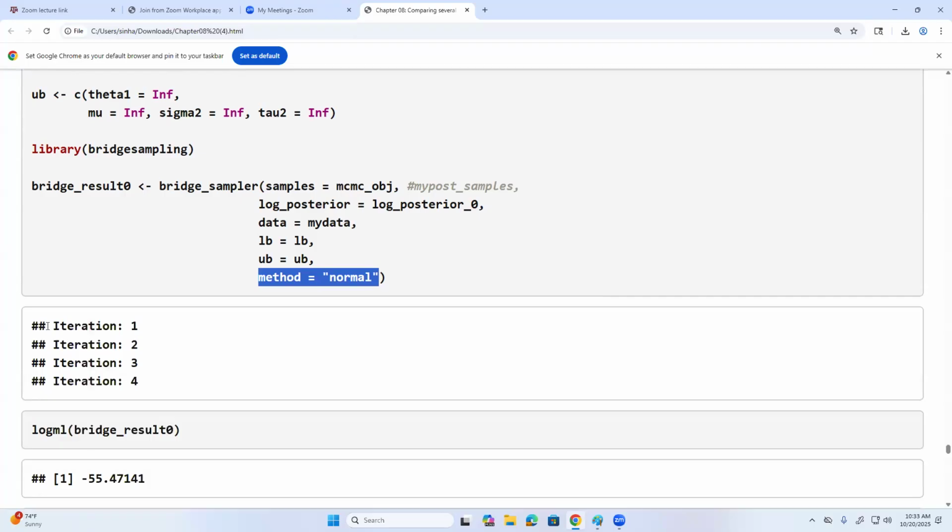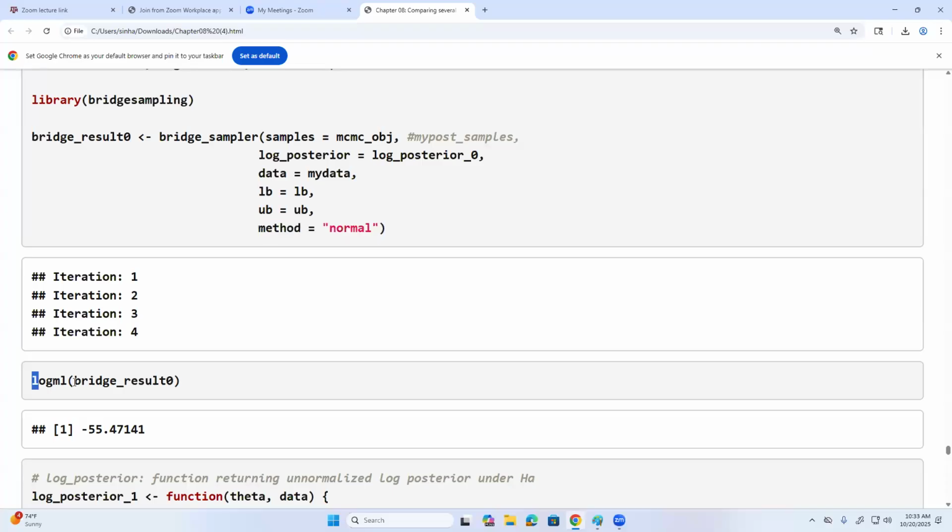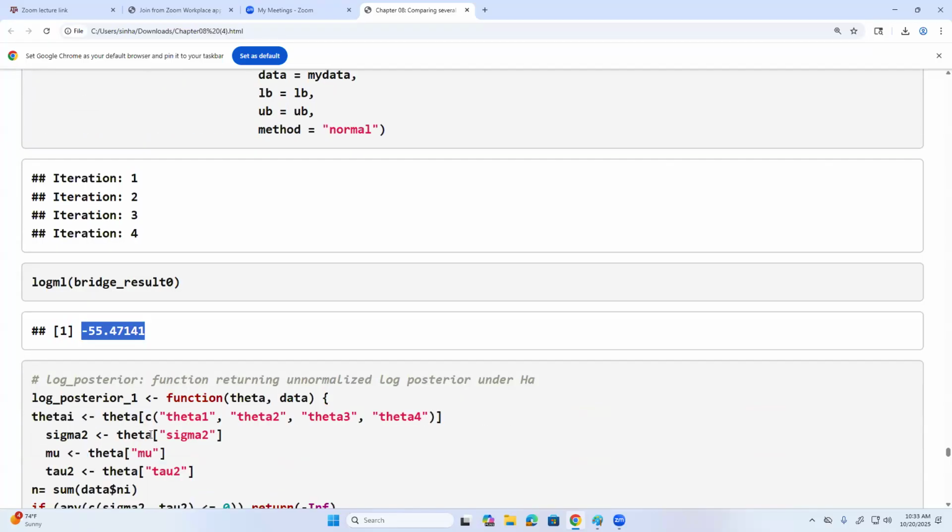In the results you see iterations 1, 2, 3, 4, because the optimal H was calculated iteratively. It returns the log of the marginal likelihood as minus 55.47.